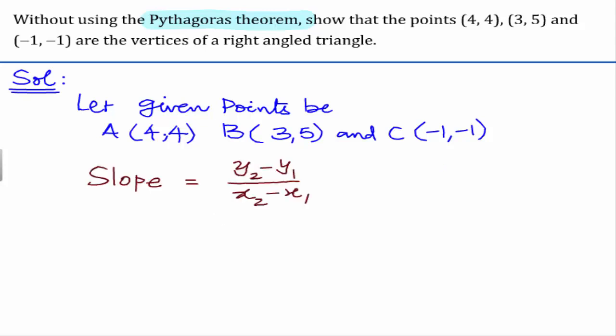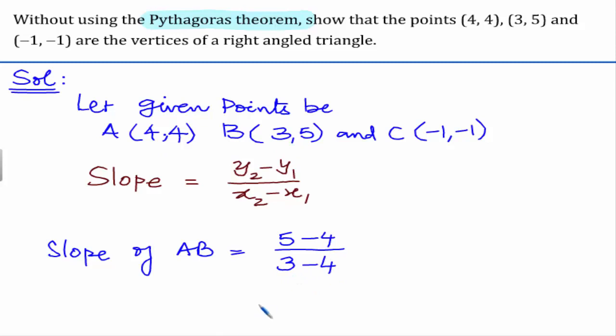Now, slope of a line segment joining the 2 given points is given by y2 minus y1 by x2 minus x1. Now let us find out the slope of AB, which we get 5 minus 4 by 3 minus 4. Here we get -1.